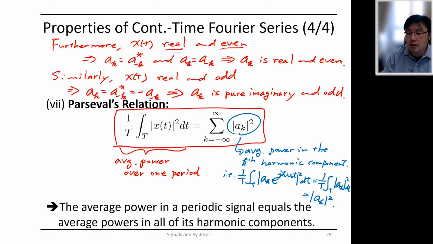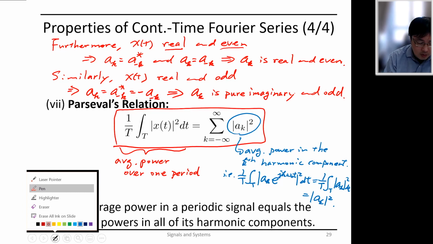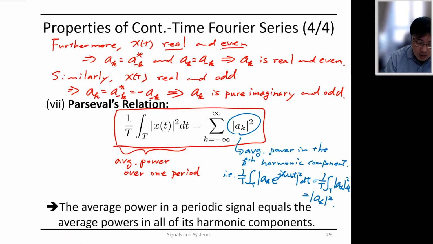This is also a straightforward computation, which is done in one of the problems as well. Let's leave this for problem 3.46. But it's actually very simple. You just directly substitute the Fourier series representation inside this integral on the left-hand side.